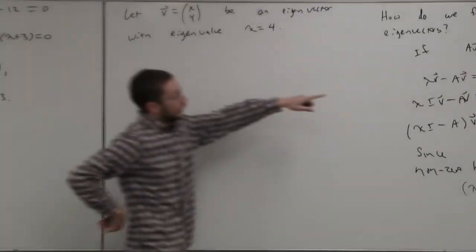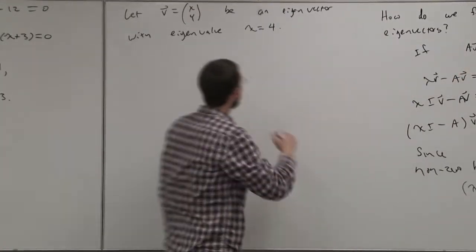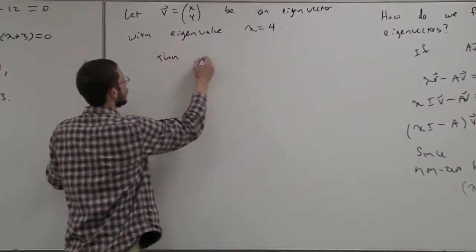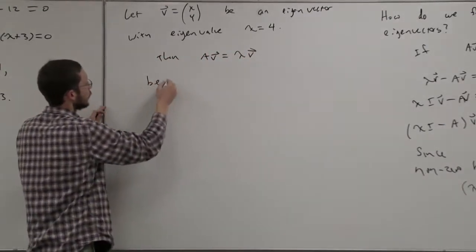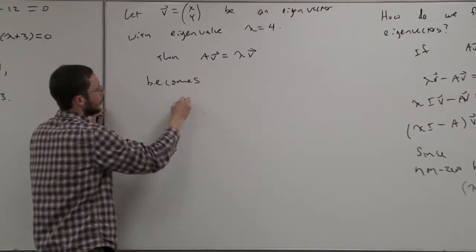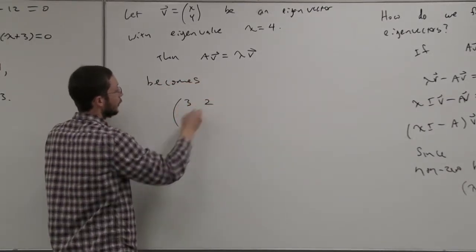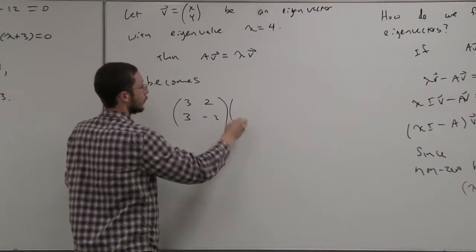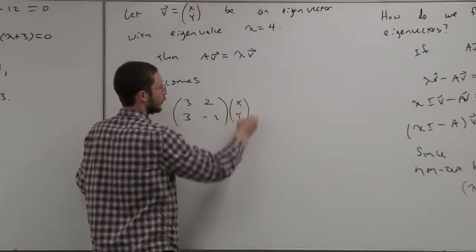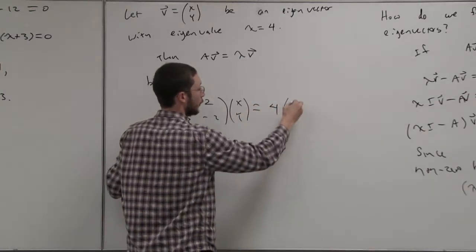Then the algebraic condition that it satisfies is the matrix A, [3, 2; 3, -2], times this eigenvector has to equal 4 times the original.